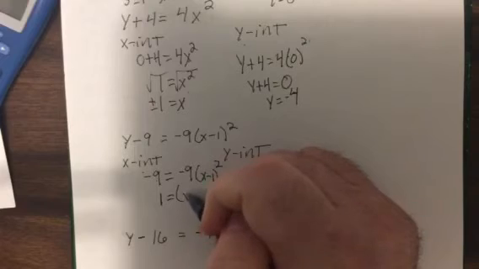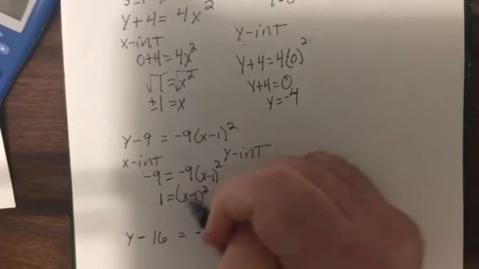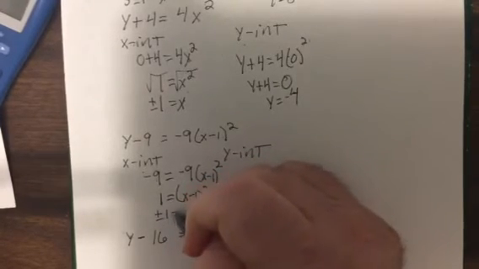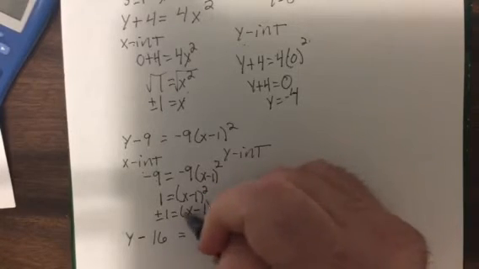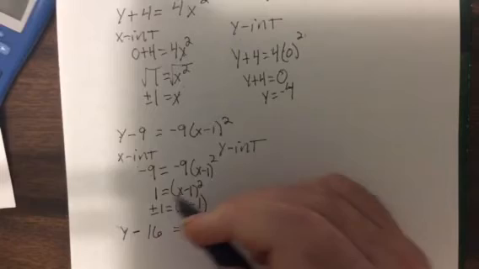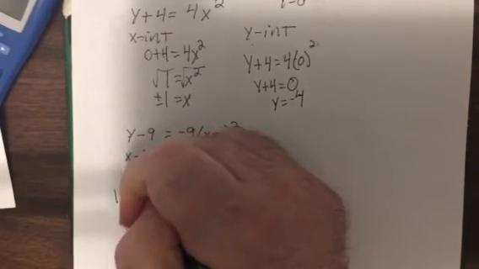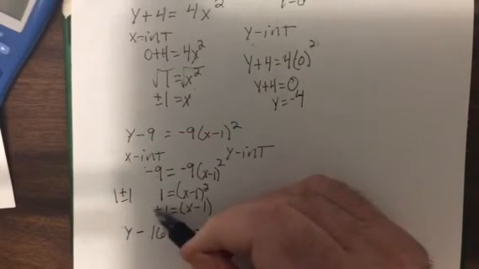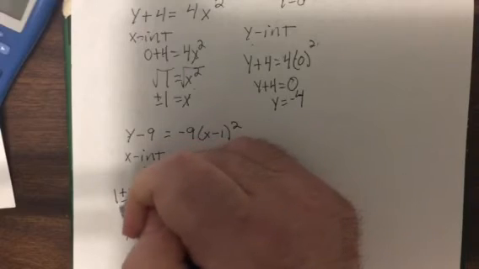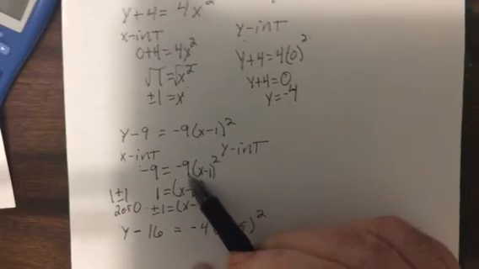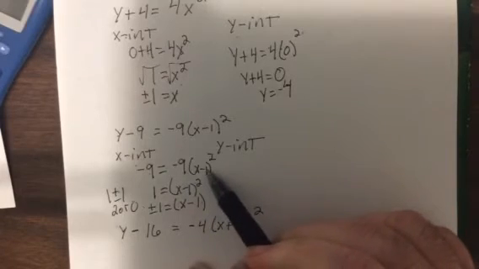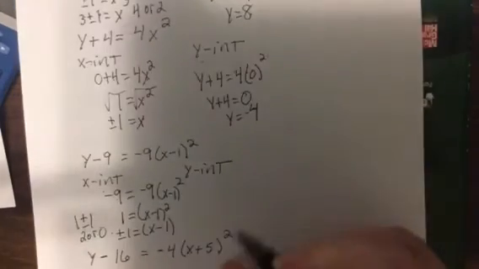Square root, you have plus or minus 1 equals x minus 1. Add 1 to both sides, you have 1 plus or minus 1, so it'd be 2 or 0. So I divided by negative 9 to get the square by itself, then I square rooted both sides.